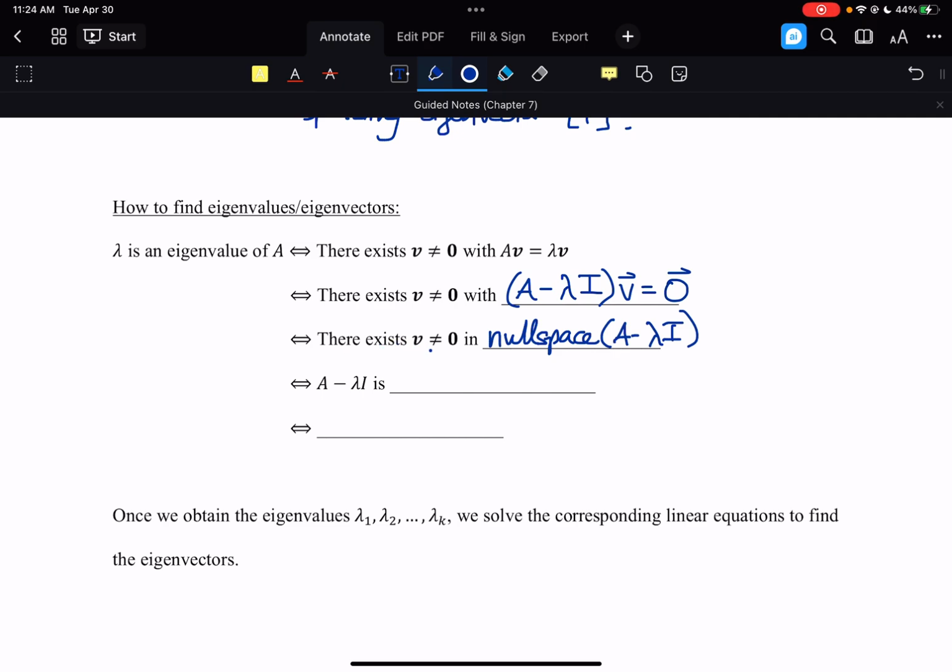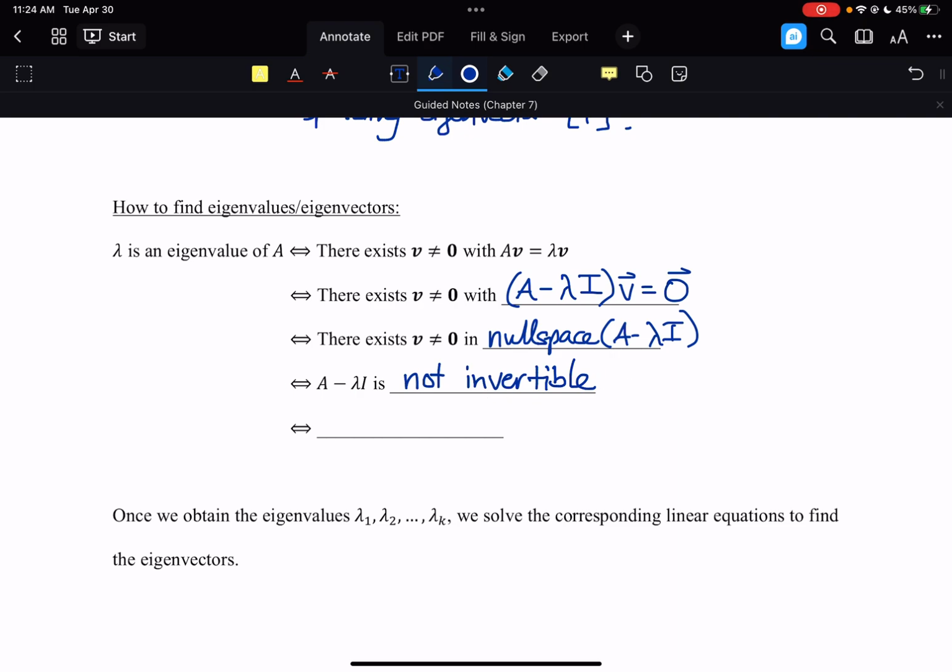If there exists a non-zero vector in the null space, that is sufficient to tell us that that matrix itself is not invertible. Right? This is still a square matrix. This is n by n, and I will also be n by n. So this is a square matrix, but the fact that there does exist a non-zero vector in its null space tells us that the matrix will not be invertible.